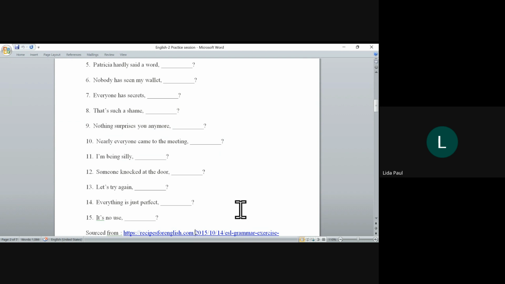Okay, let's try again. 13th one. What is the one that you use with the subjunctive mood sentences? Nobody? Don't know the answer?